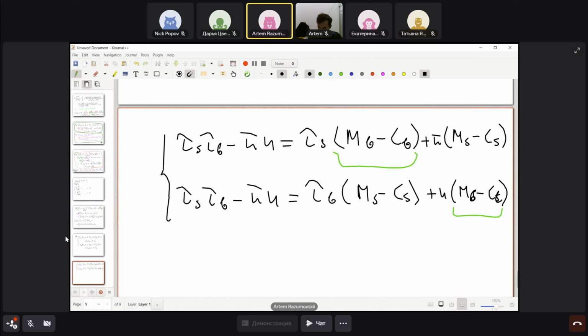So that's buyers, and that's sellers. So we can solve it for those expressions, right? Okay, let's take the sum. If we take the sum, we get 2 tau s, tau b minus pu equals u plus tau s.